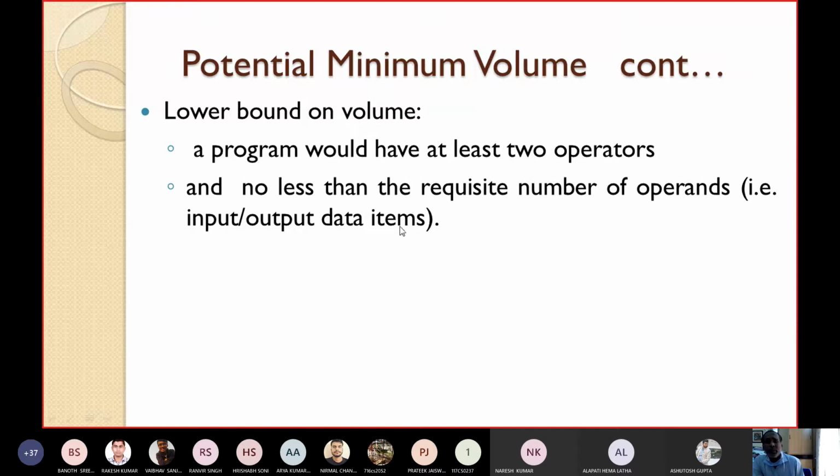The requisite number of operands means the requisite number of input output data items. This is how the potential minimum volume for a program can be defined.